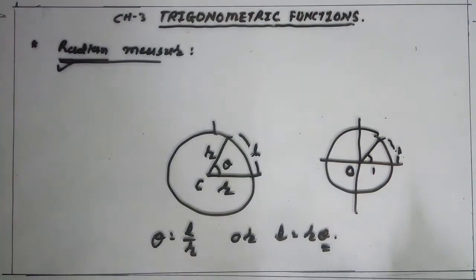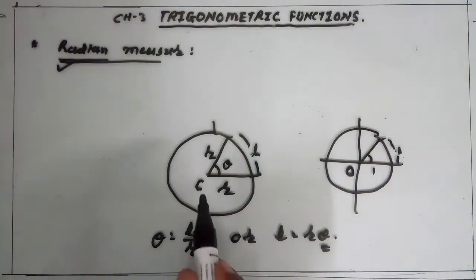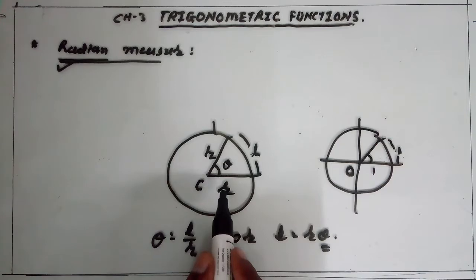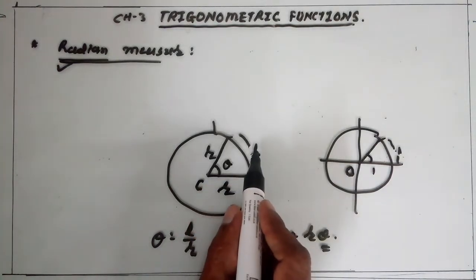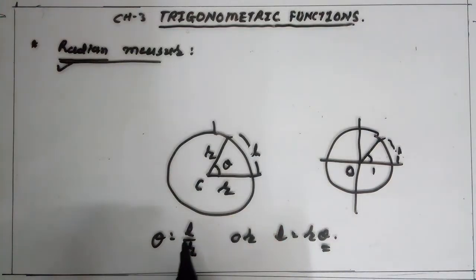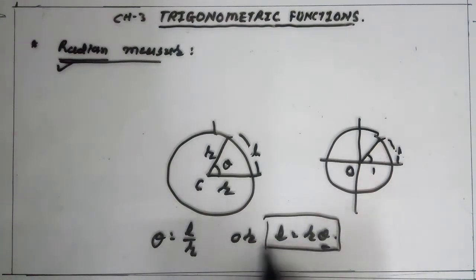So if an arc subtends angle theta at the center of a circle with radius r, and the length of the arc is L, then L is equal to r theta, or theta is equal to L upon r. Important formula.